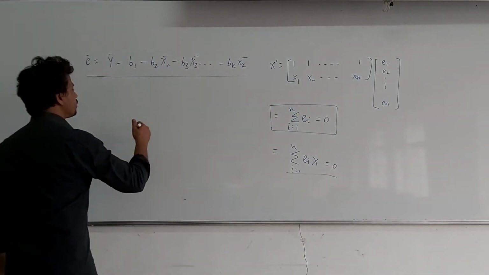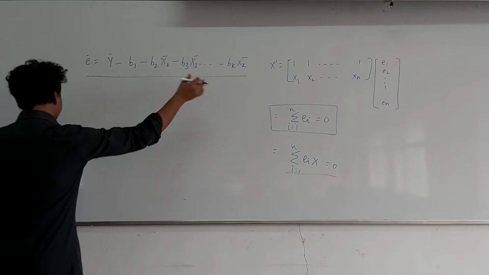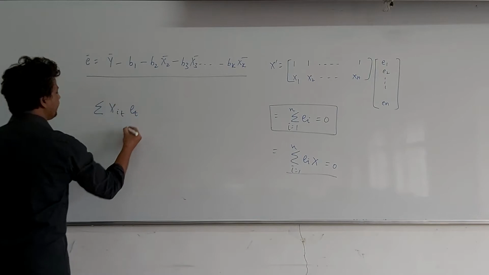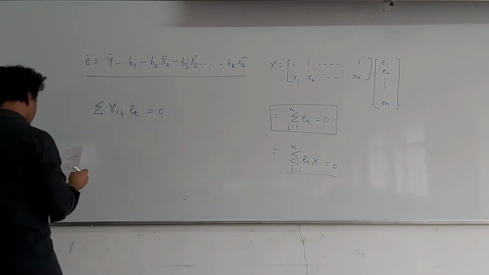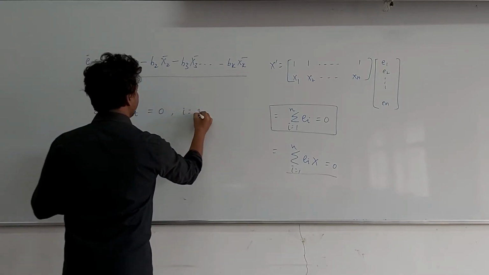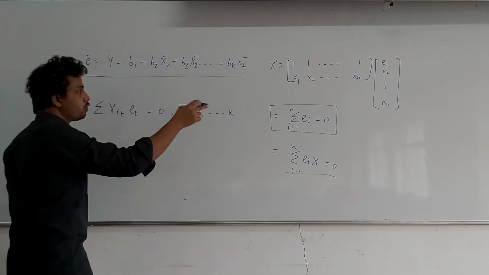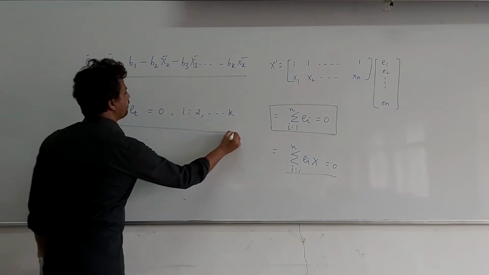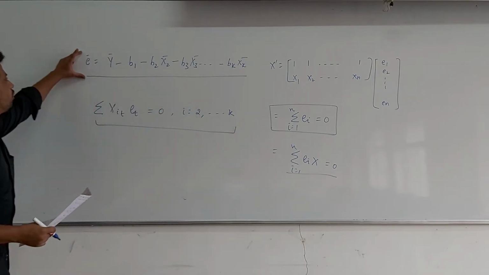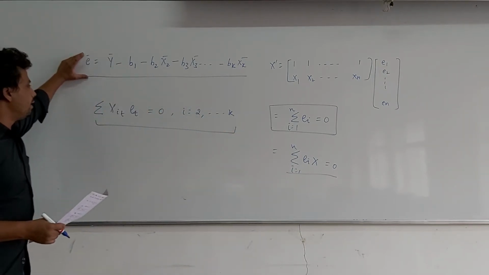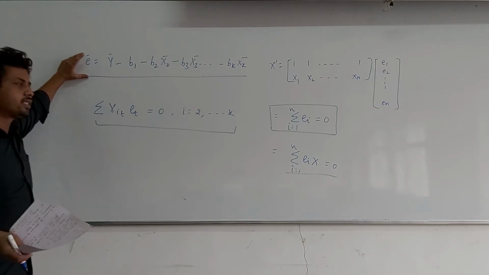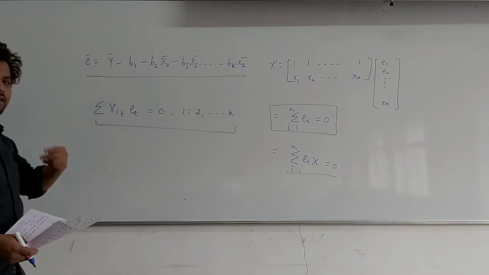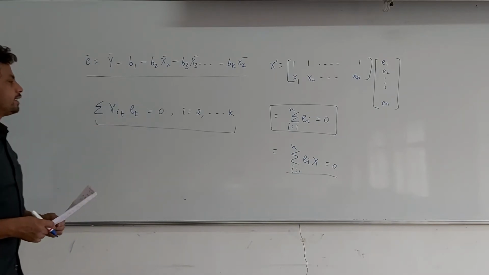Let me write this in shorthand notation: this also implies that summation xit et is 0 for i from 2 till k, because i equal to 1 is for the previous term. So it implies these two things: that the mean of the residual term is 0, and there is zero sample correlation between the regressor and the sample residuals. This is a very important point that will be used in today's lecture.